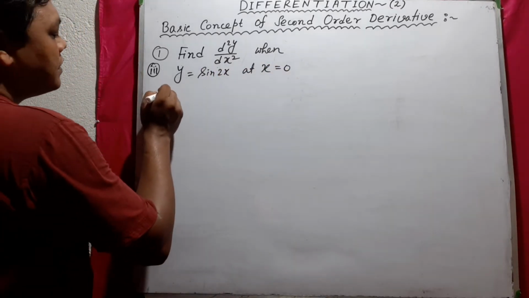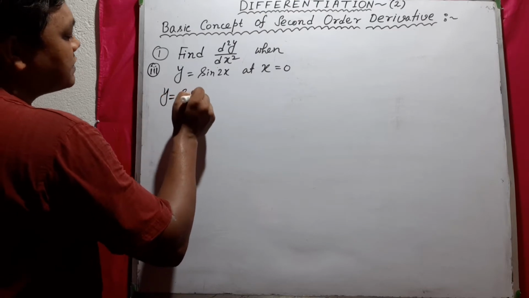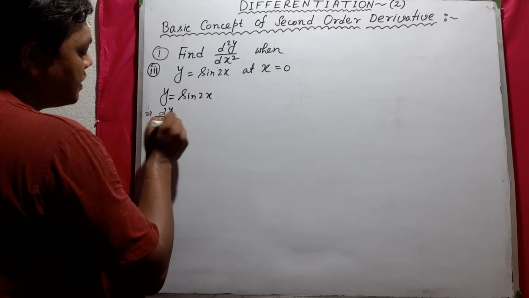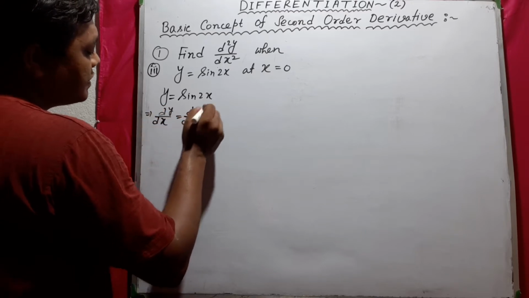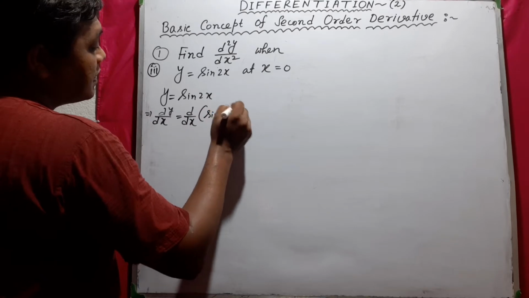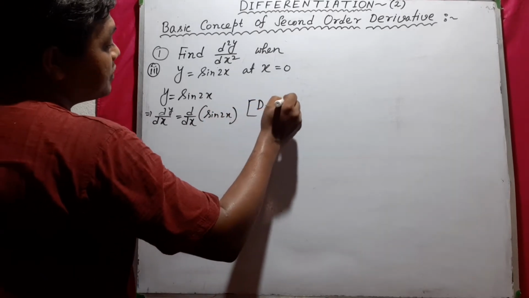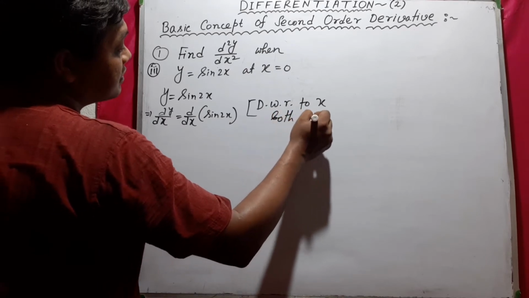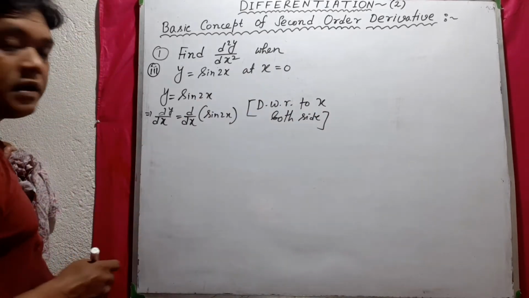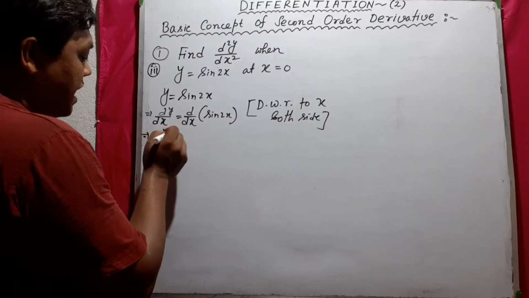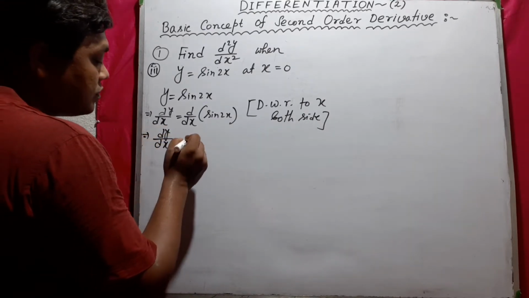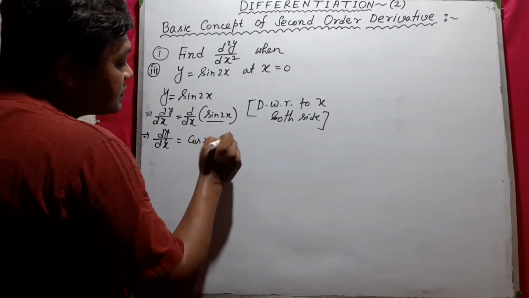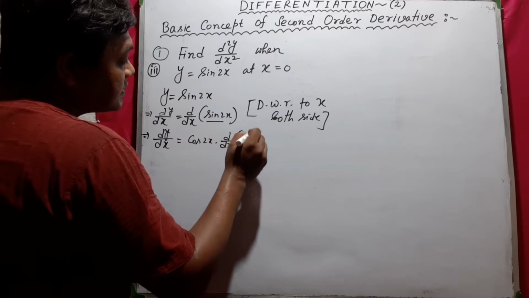So y equals sin 2x, next d/dx of sin 2x, differentiate with respect to x both sides. Okay, so now dy/dx equals the derivative of sin, that is cos 2x, times d/dx of 2x.